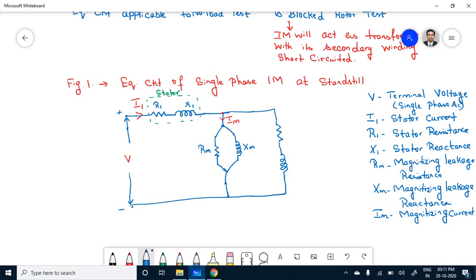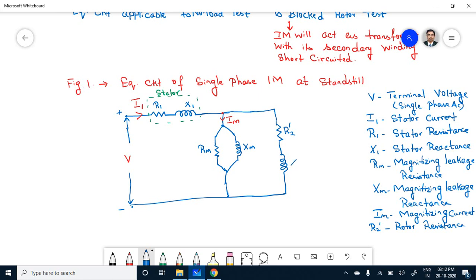The notation here R2 dash. This R2 dash stands for rotor resistance.